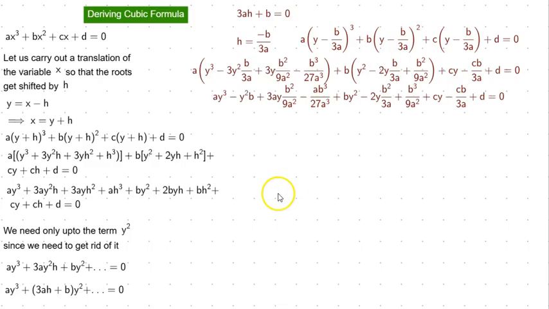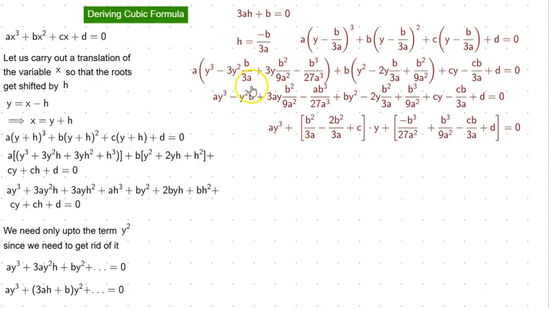Now let's open up these brackets. Ay cube minus, this 3 cancels out, a cancels out, and we are left with y square b plus 3ay b square by 9a square minus ab cube by 27a cube plus by square minus 2y b square by 3a plus b cube by 9a square plus cy minus cb by 3a plus d equal to 0.